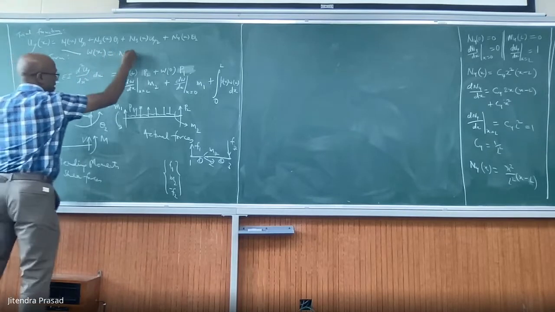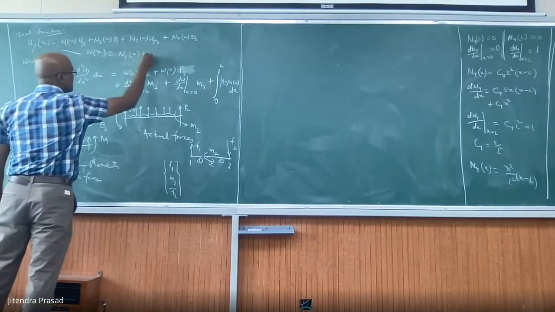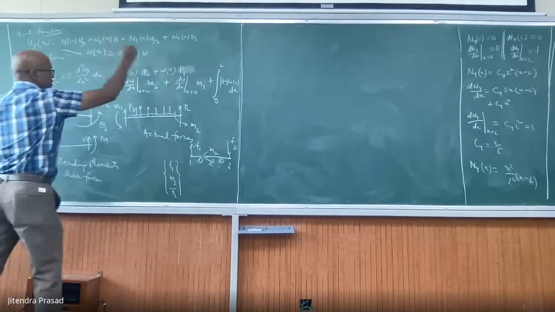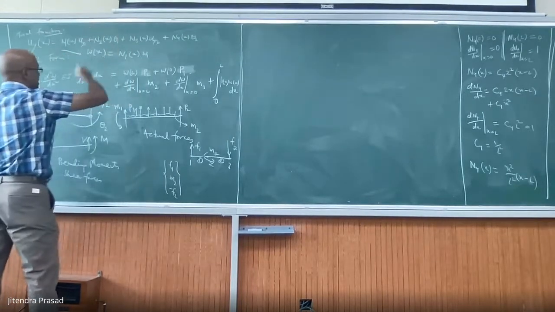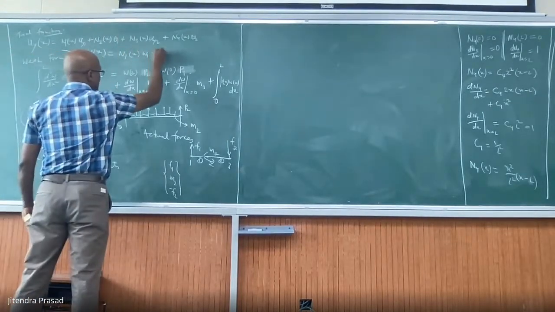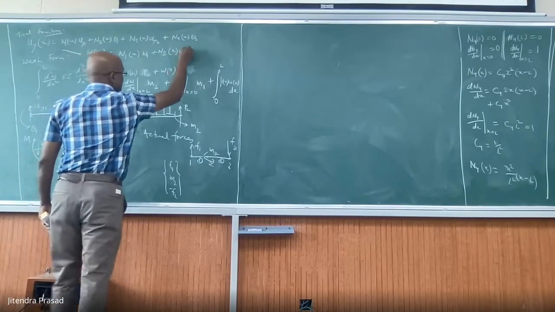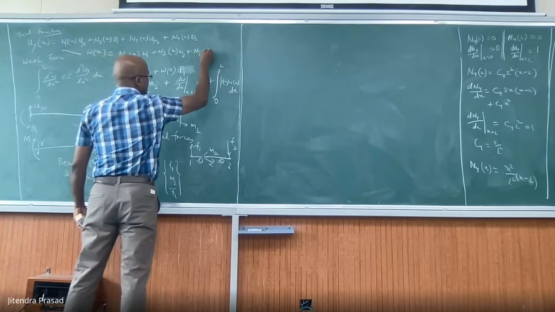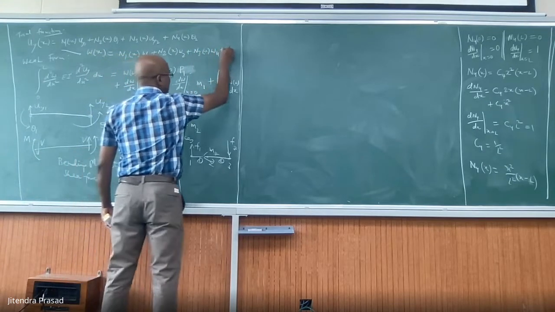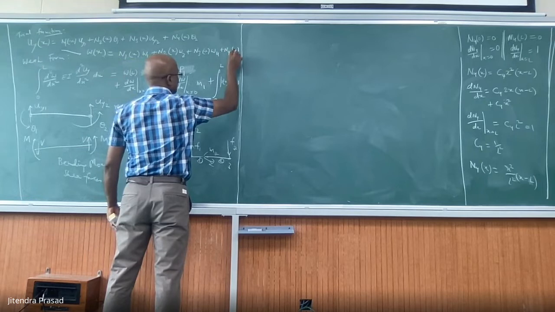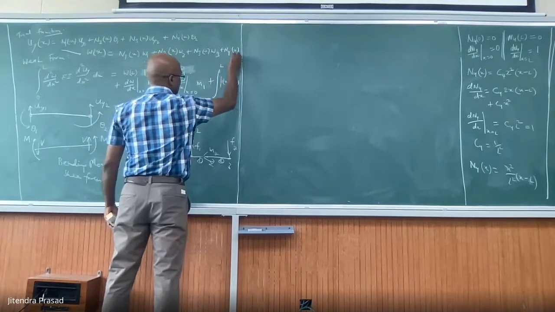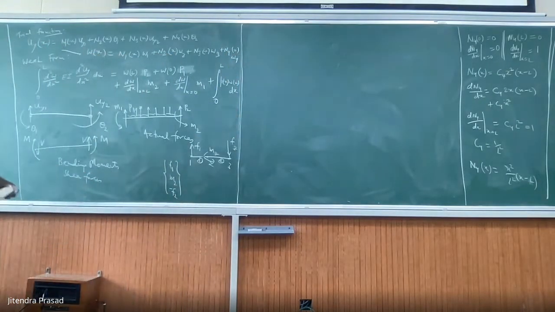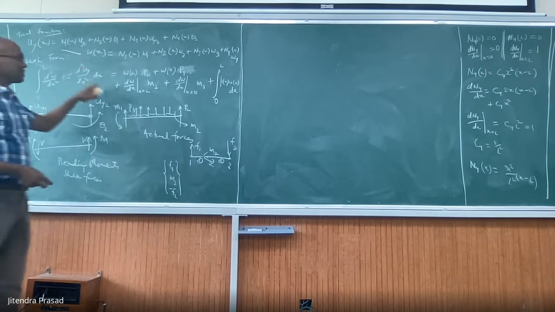We need N1(x) multiplied by W1, plus N2(x) W2, plus N3(x) W3, plus N4(x) W4. We have the same expression for W as well, and you put the value here.